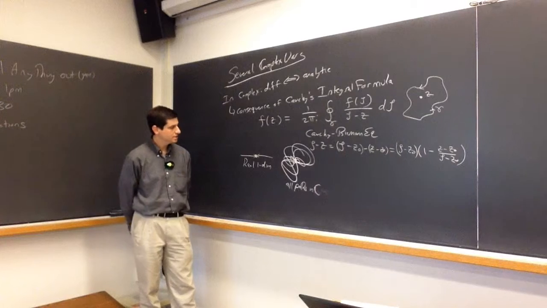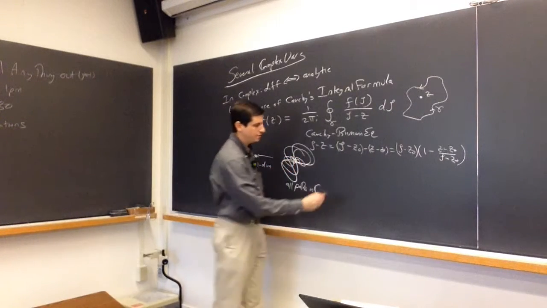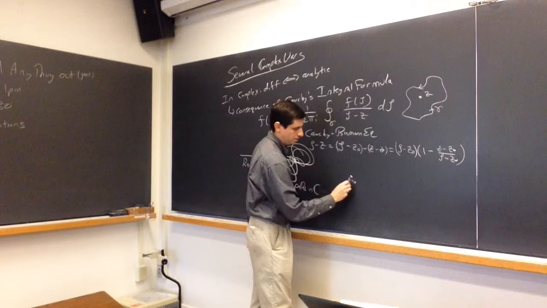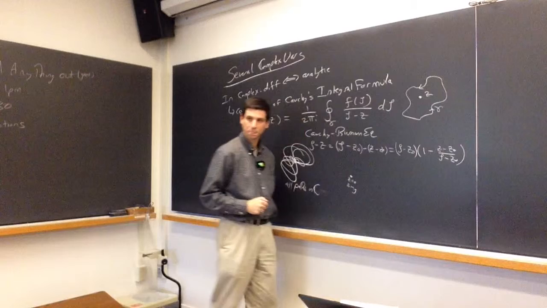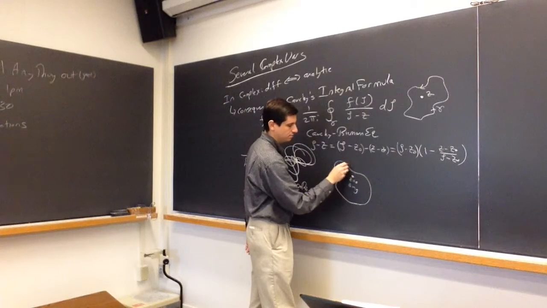One of the biggest is if we have a singularity. Let's say we have a function that blows up at 0. We have a singularity here. What do we get if we integrate around?